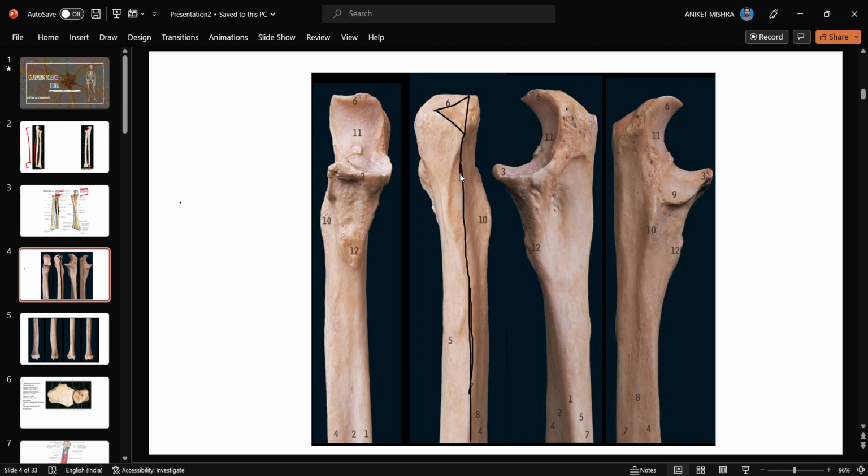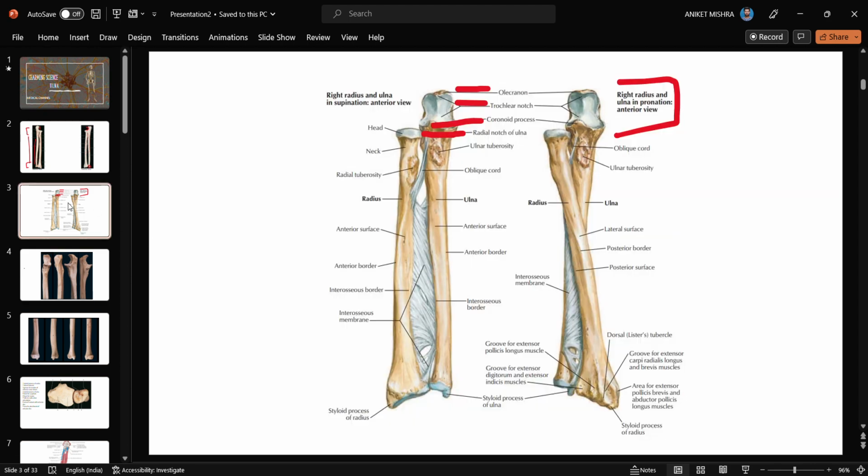When we talk about the surfaces of the shaft of the ulna, it has three surfaces: the anterior, the medial, and the posterior.